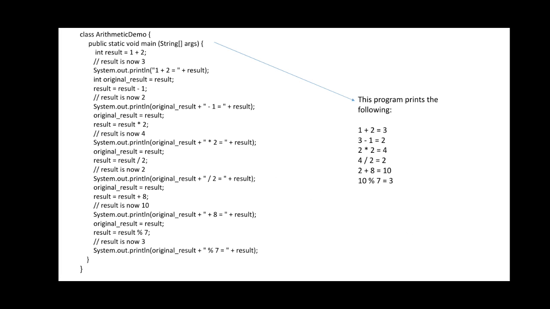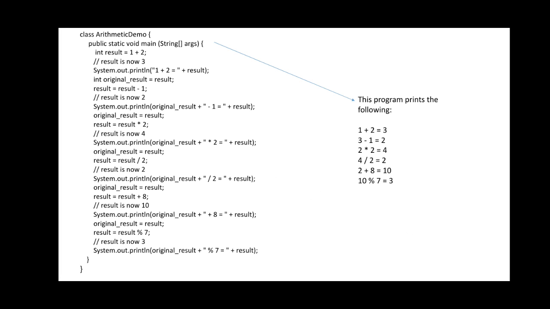That is, you get the value 3. Then the next statement, int original result is equal to result. So original result is another variable, and you take the value of result, 3, and store it in original result.